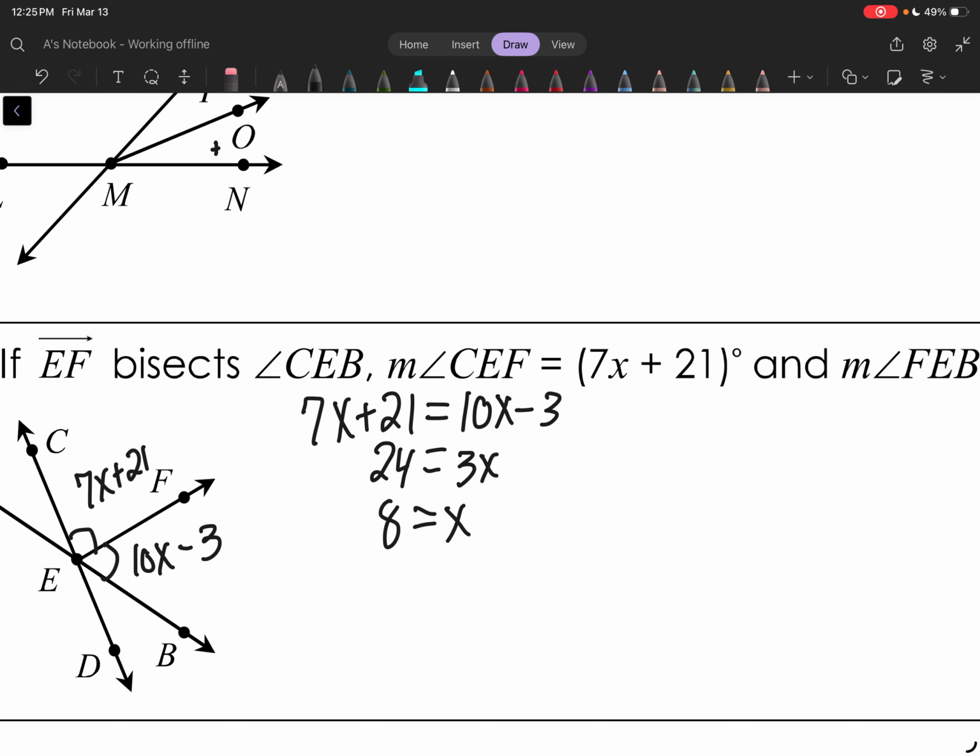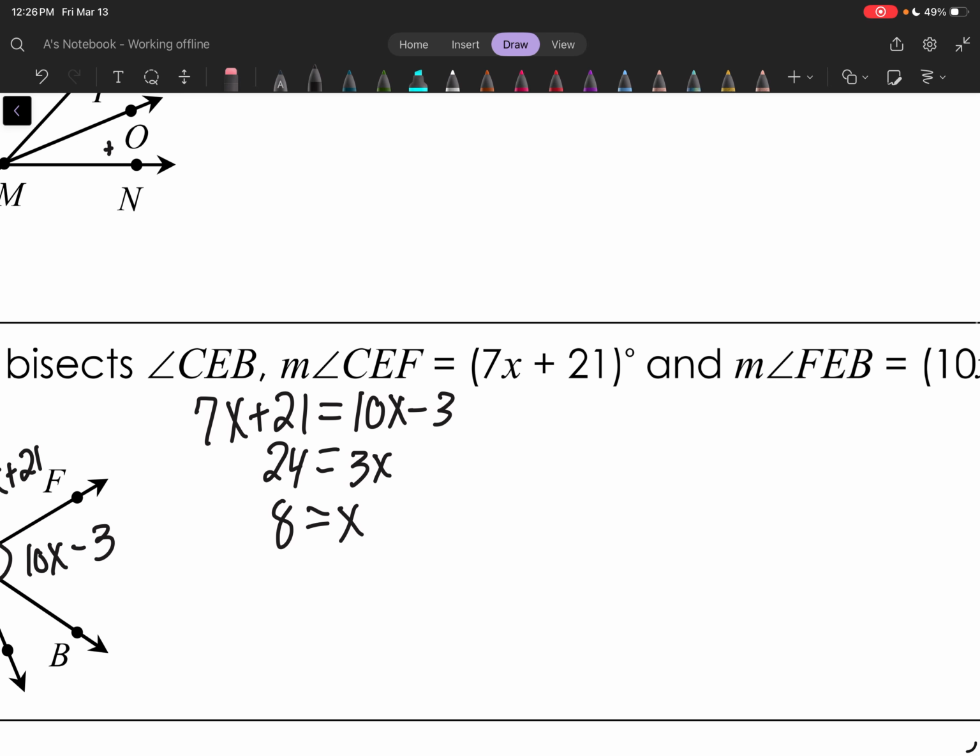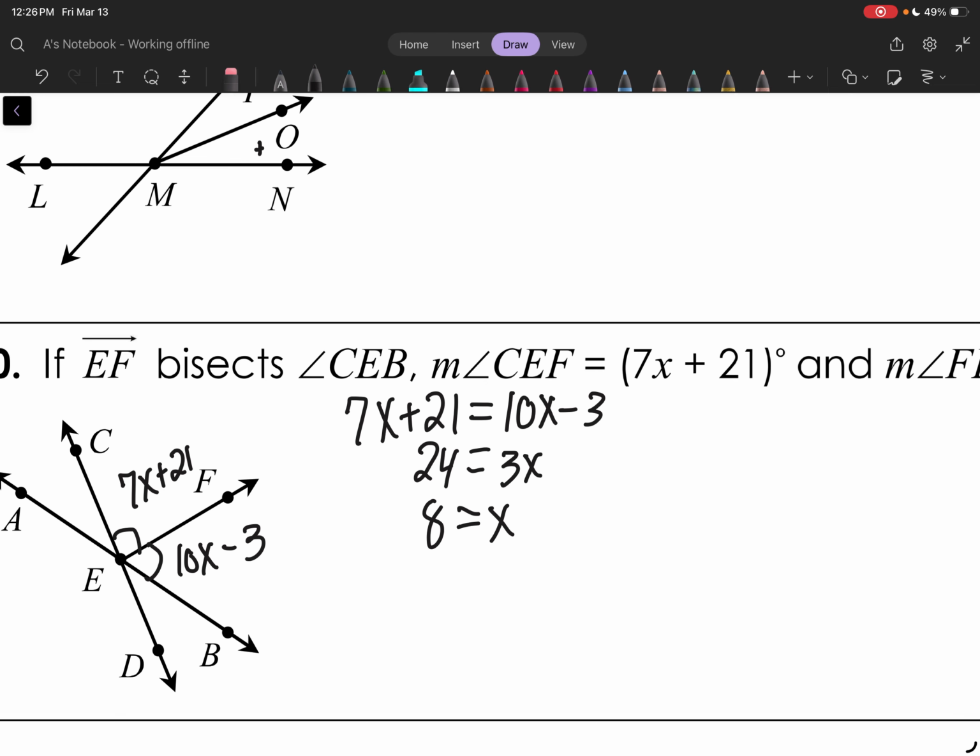So I'm going to plug this into either one to get the same answer. I did something wrong. Hold on. No, that's right. Yeah, that's right. 10 times 8 minus 3 is 80 minus 3, 77.